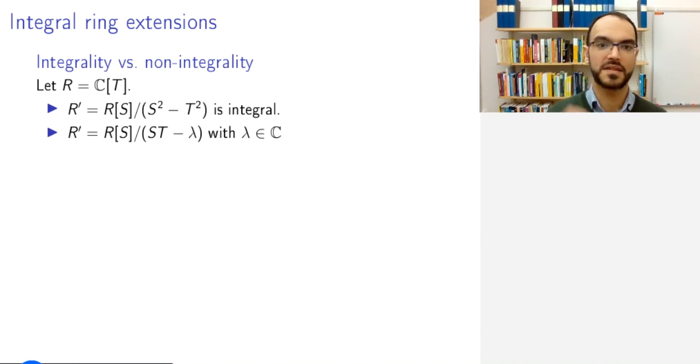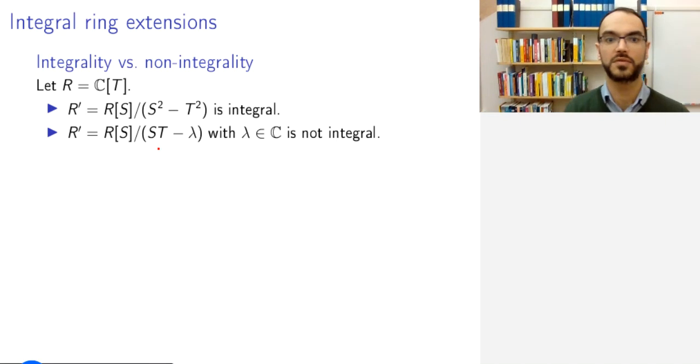Let's look at the next example. Same idea, but now quotient with the ideal generated by the polynomial st minus lambda for some complex number lambda. Pause and think whether this is integral or not. This is not integral. Why is that? Because the element s satisfies this polynomial and no other polynomial relation.